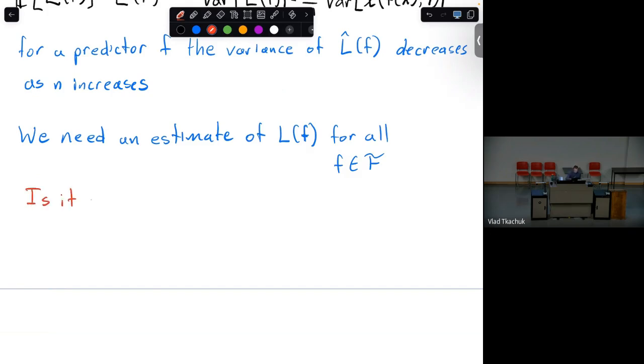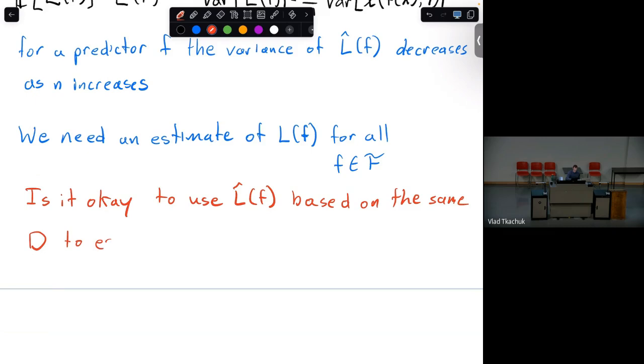But let me write some things about it. So the question is: is it okay to use L hat of f, based on the same data set D, to estimate the thing we care about, which is the expected loss?